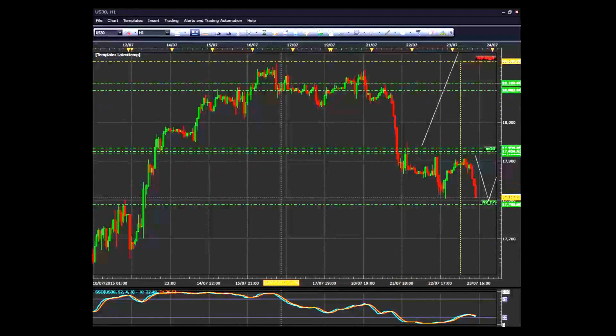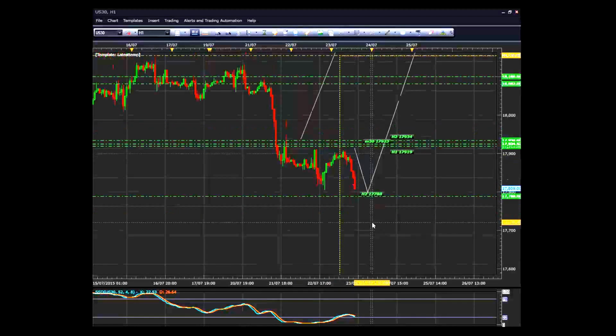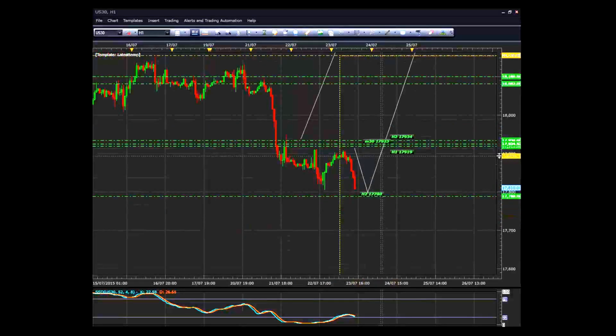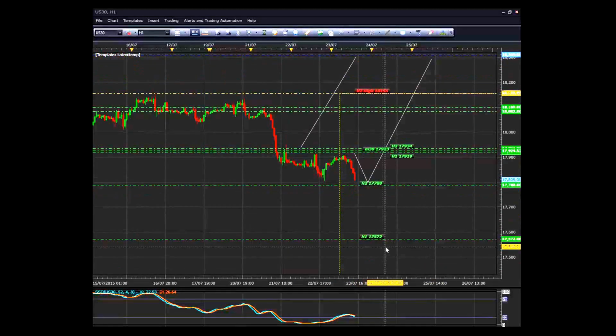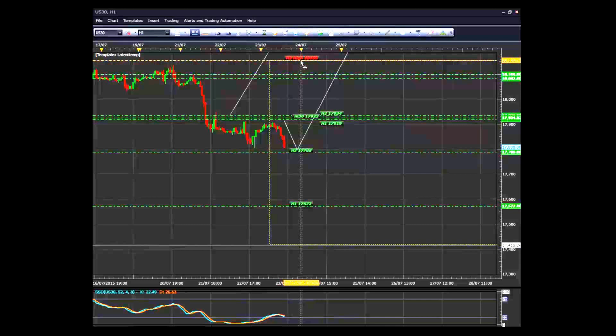And the Dow is likewise approaching my entry point, which is at 17,788. There's another entry at 17,572, stop is at 17,421, and the TP is at 18,155.